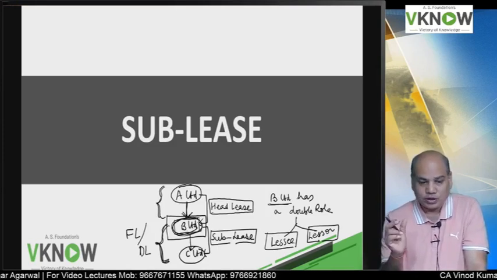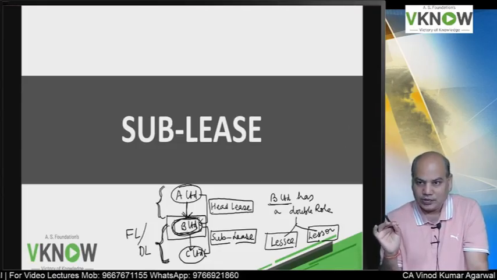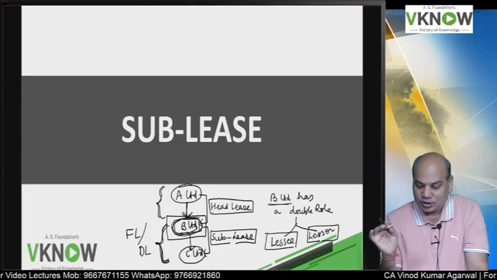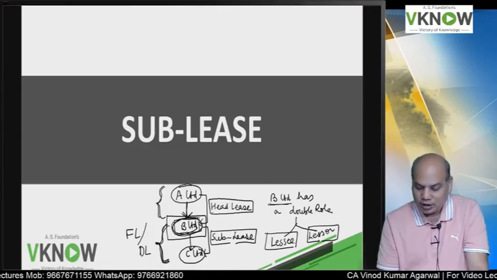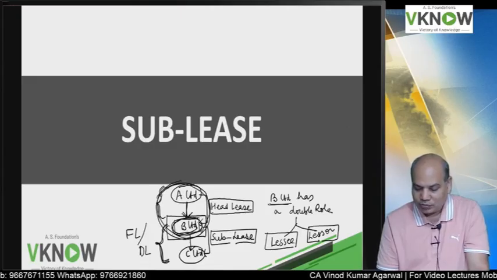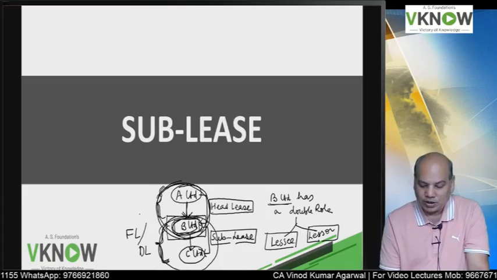So I hope you have got some idea. We are in the books of B. B is a lessee for the head lease, B is the lessor for the sub lease. How will B pass the entry depends on how is the head lease arranged and how is the sub lease arranged, and accordingly will pass the entry.